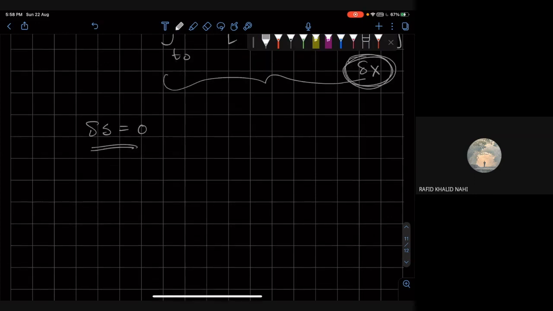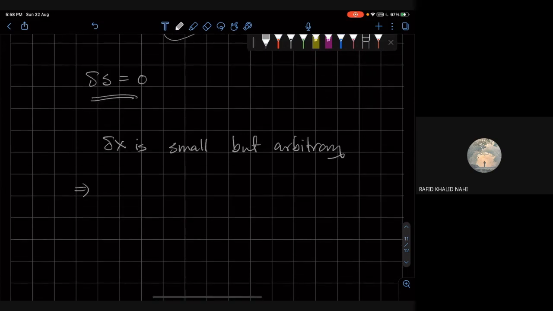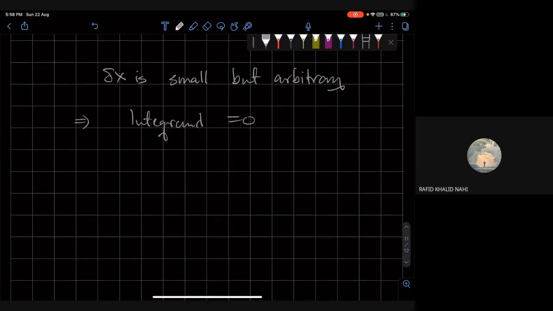And therefore, since delta x is small but arbitrary, this means that the integrand is identically 0, which means that partial L by partial x minus d by dt of partial L by partial x dot is 0.